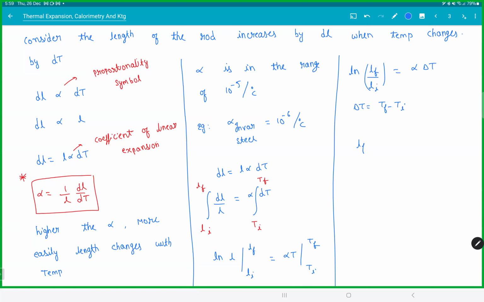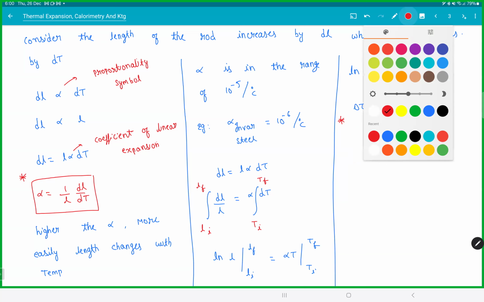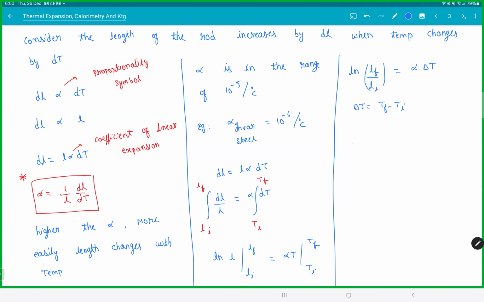You can expand this. So L final will be L initial e to the power of alpha delta T. This is the actual relation between the final length and the initial length. You get an exponential function. But be careful. Let me write the whole thing down.